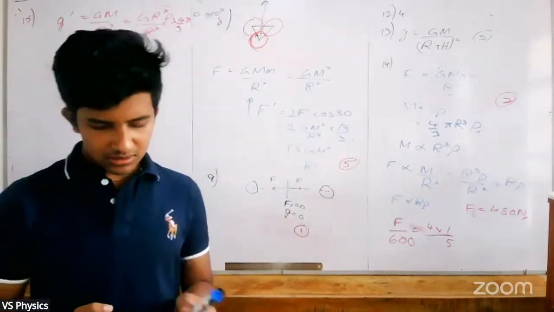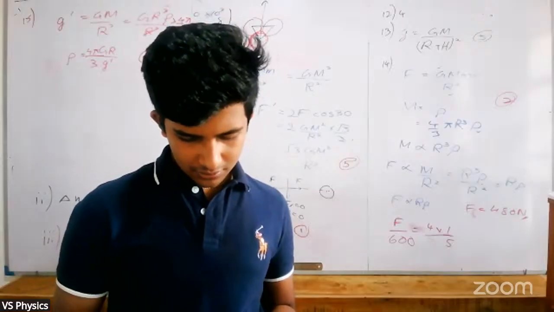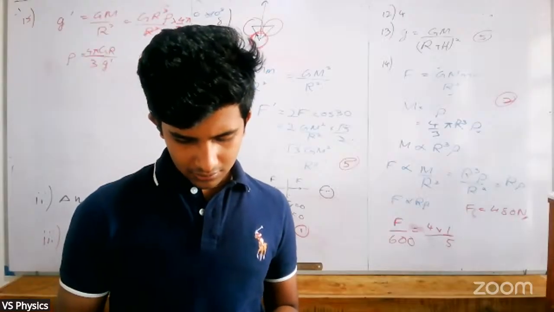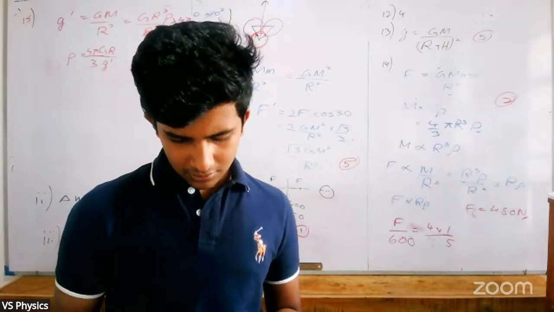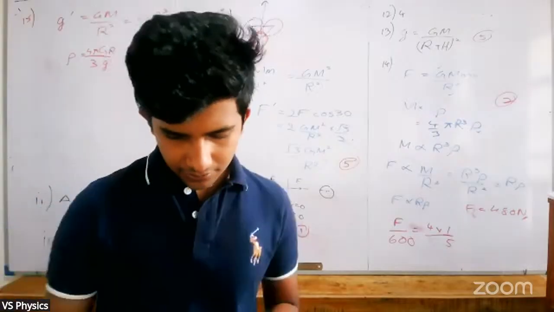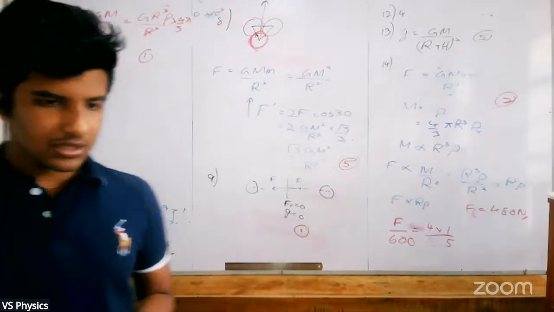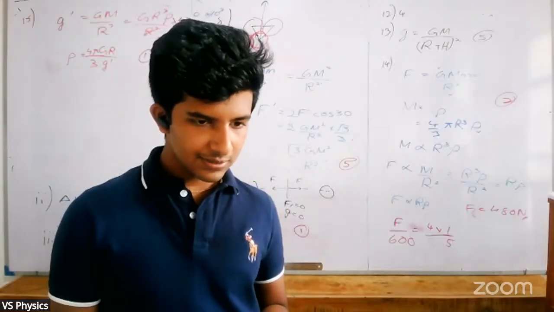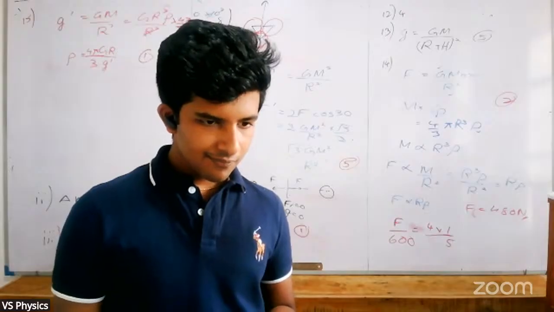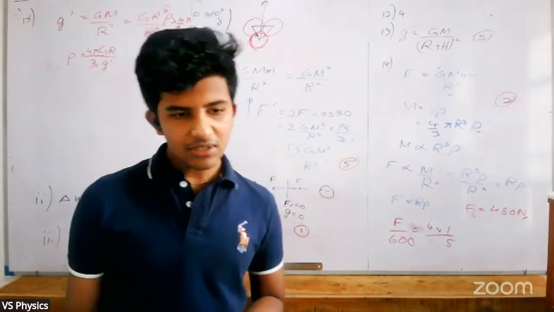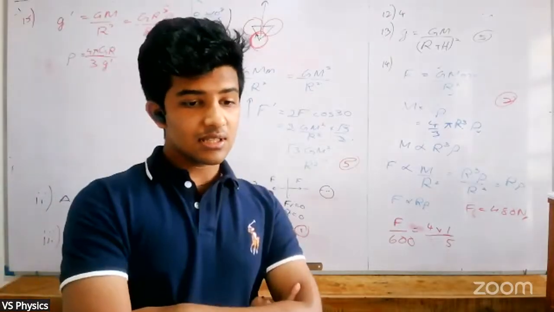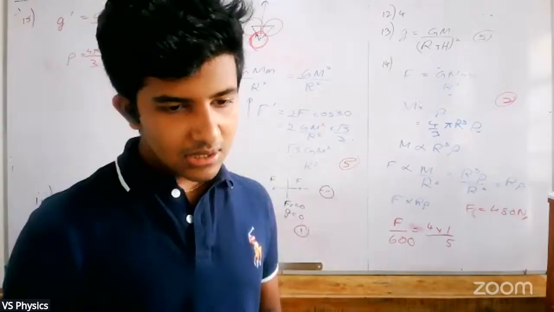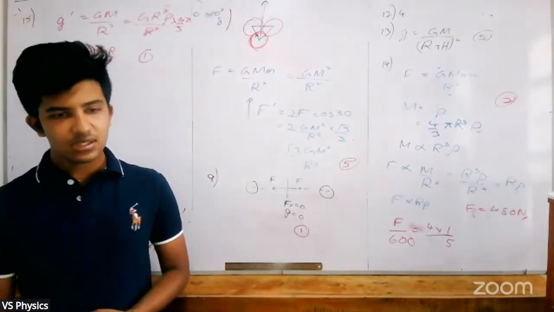The distance between the Sun and Mars is 1.5 times the distance between the Sun and Earth. What is the ratio of the gravitational force of attraction between the Sun and Mars divided by that between the Sun and Earth?